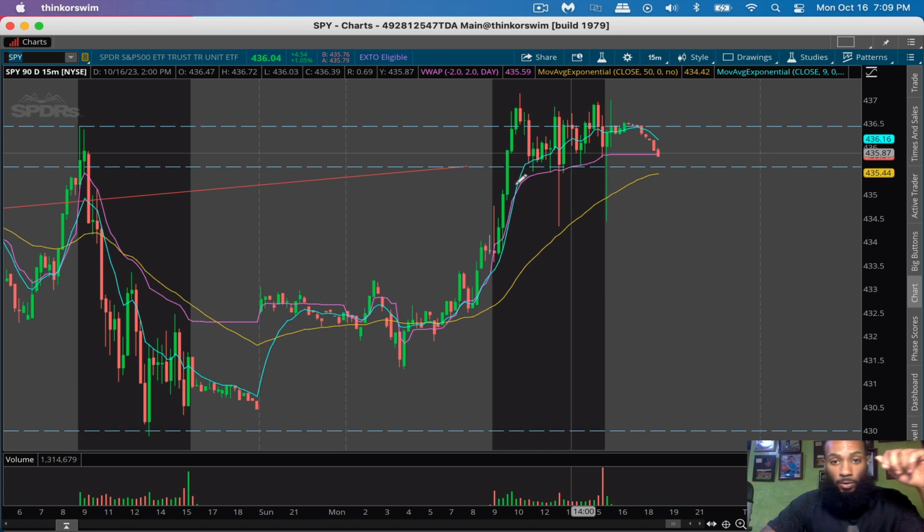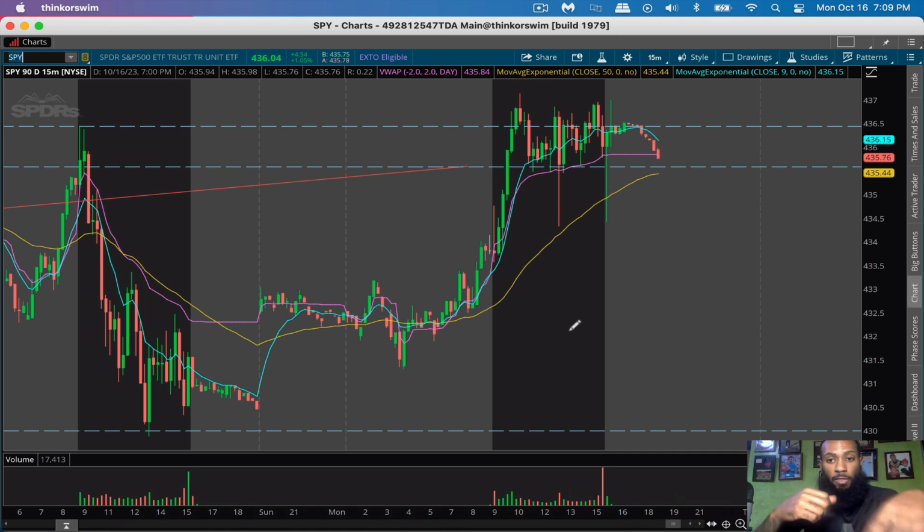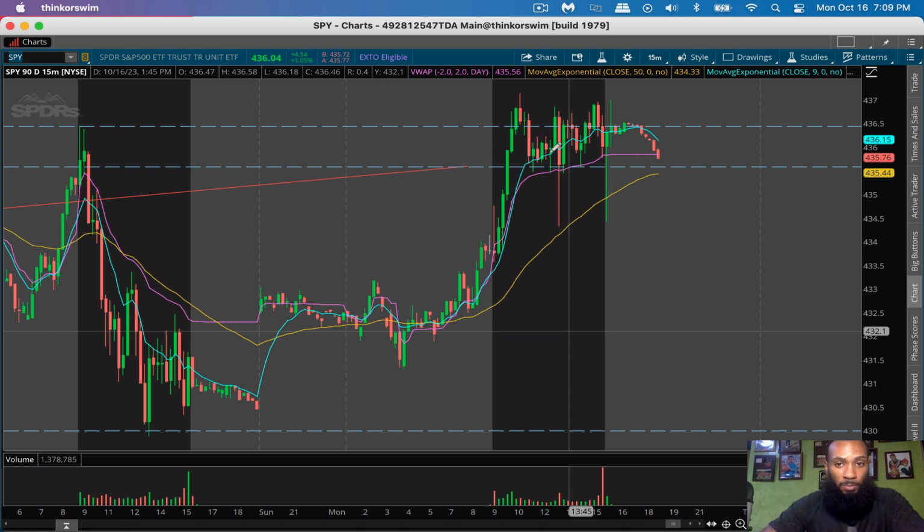But if the market went down hard, right, and some stocks went up strong, then that is giving more strength to the stocks because it was still able to go up despite the market going sideways or going down. So you can see how the market went up until 11 o'clock, and then we started to pull back and we ranged.